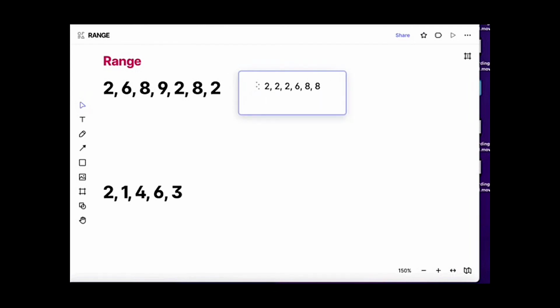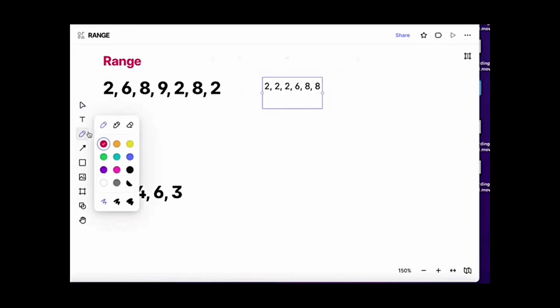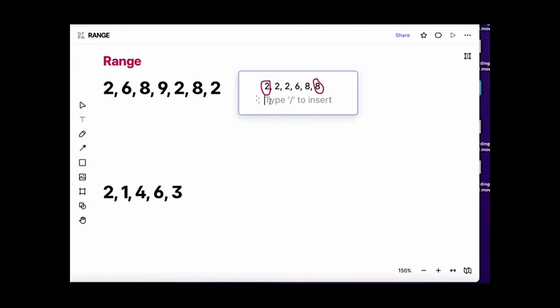So what we need to do is pick the highest number in our data set. Okay, so the highest number is an 8. And what is the lowest number in our data set? Our lowest number is a 2. Okay, perfect. So what do we do next? Well, now we need to subtract the 2 from the 8.